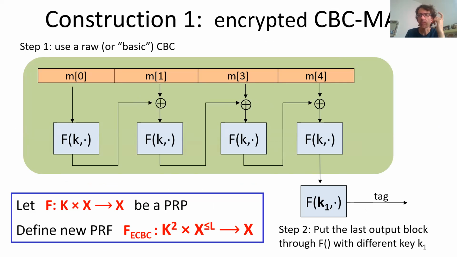In this analysis, if you replace FK with a true random permutation, then you can see that the only thing that can go wrong is if you create a collision. So this wire appears twice for two different messages, and you can coordinate like that.